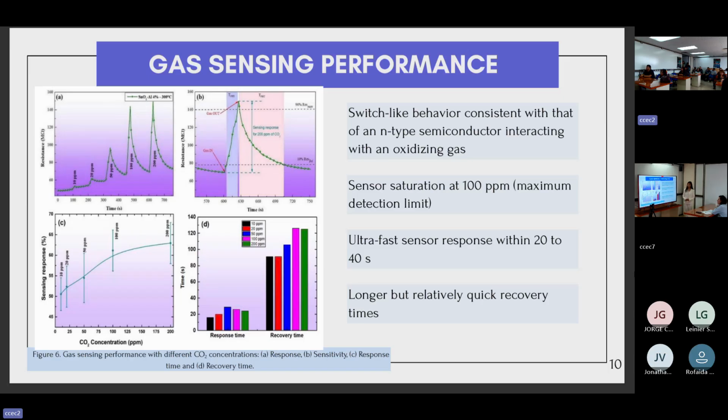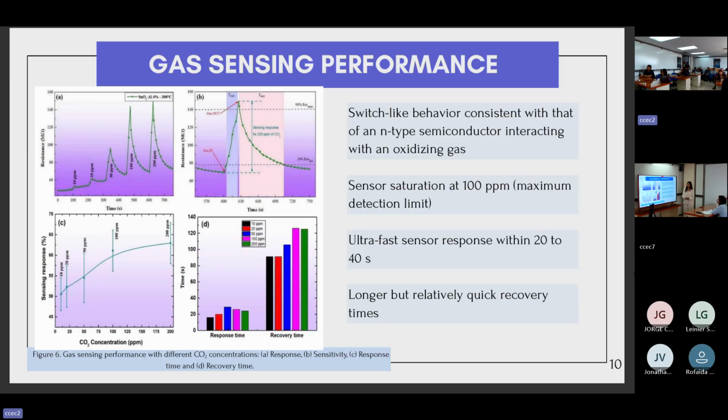Also, we could prove that our sensor saturation limit was 100 parts per million, and it's the maximum detection limit. So in our gas sensing, the most important part here is the sensor saturation at 100 parts per million at 300 degrees.